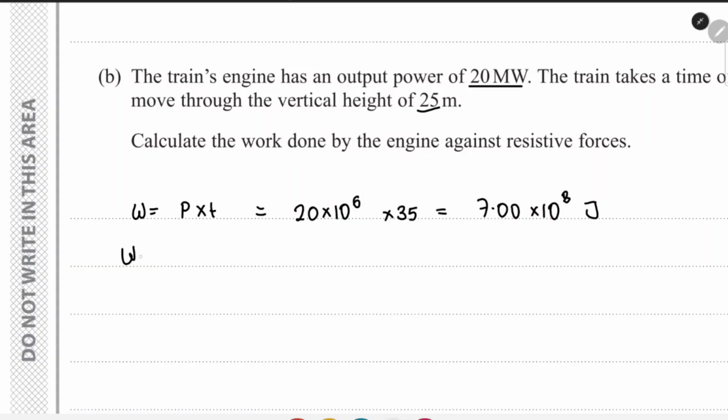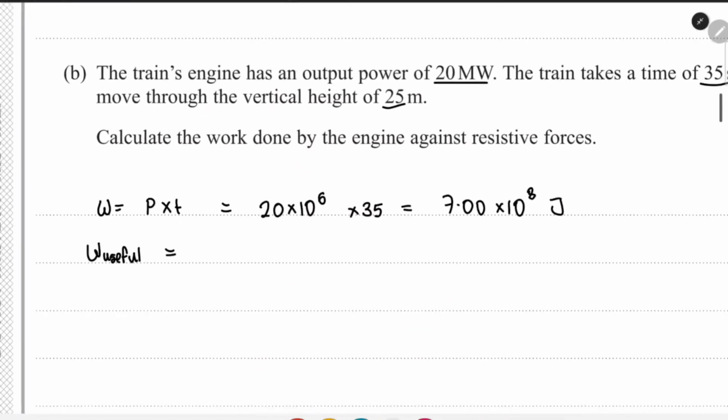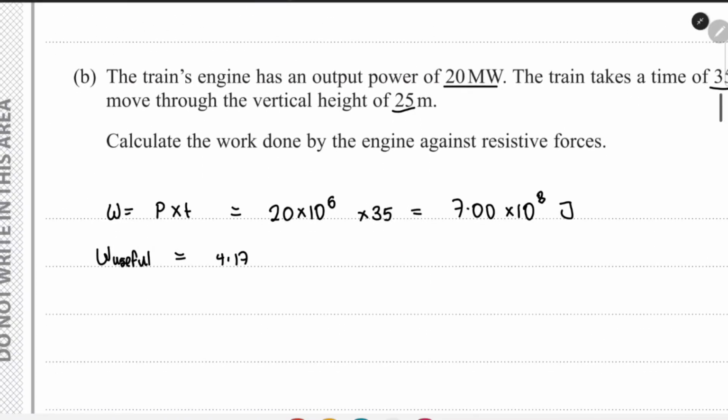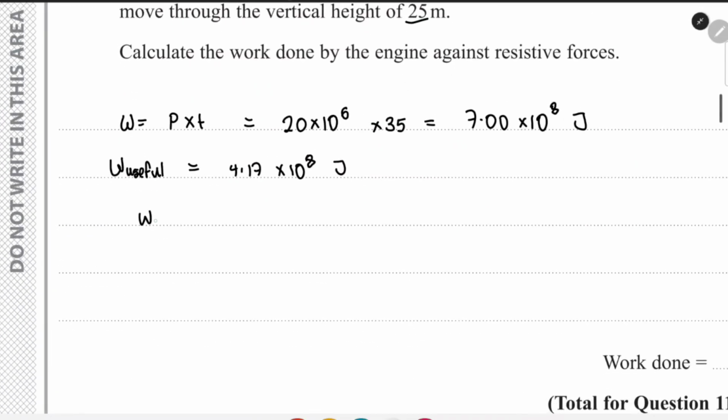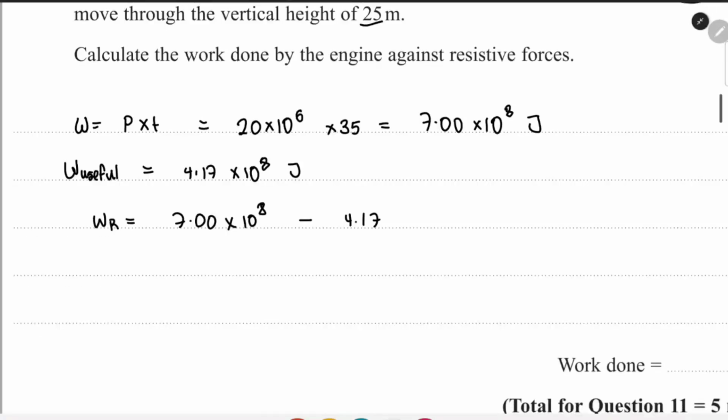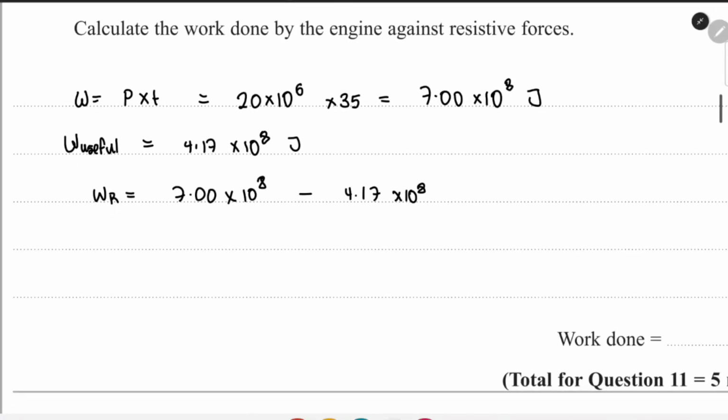Now the useful work done we found out in the last question was 4.17 into 10 to the power 8 joules. So the work done against resistive forces is equal to the total work done, so 7 into 10 to the power 8, minus the work done to move the train up. So the answer is 2.83 into 10 to the power 8 joules.